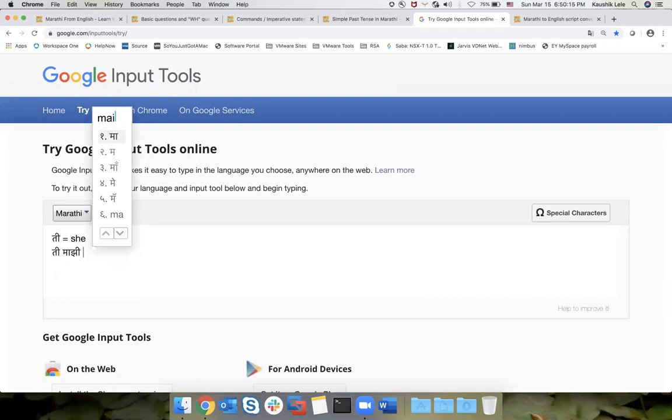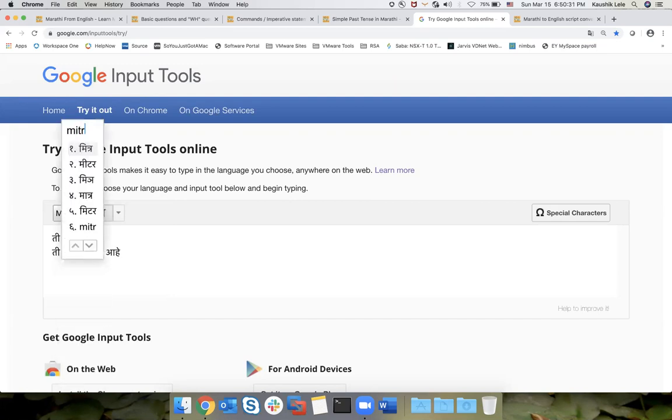Tya is for feminine plural. ती माझी मैत्रीण आहे. मैत्रीण is friend, a lady friend. And mitra is a friend, not necessarily boyfriend. Friend is masculine. Mitra. ती माझी मैत्रीण आहे.